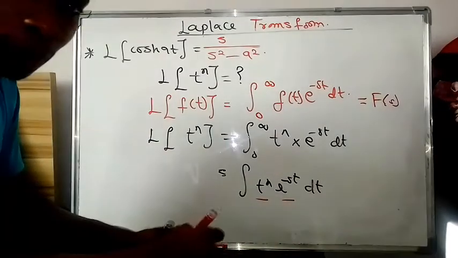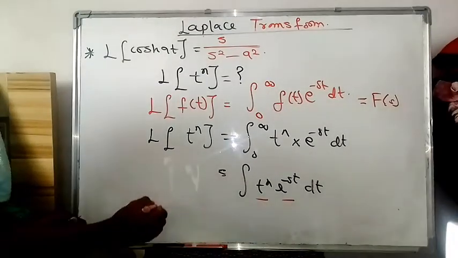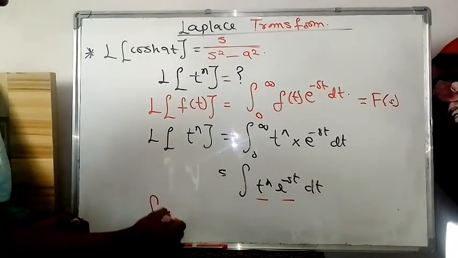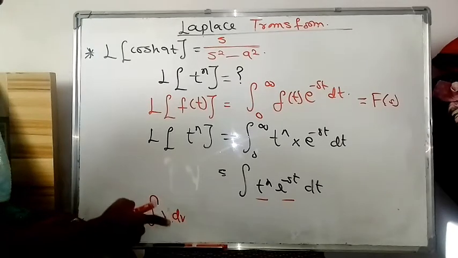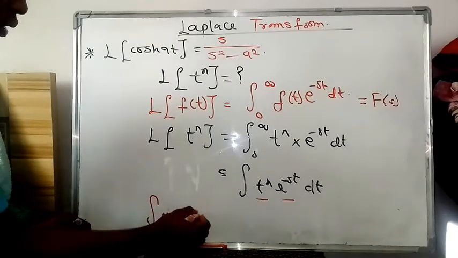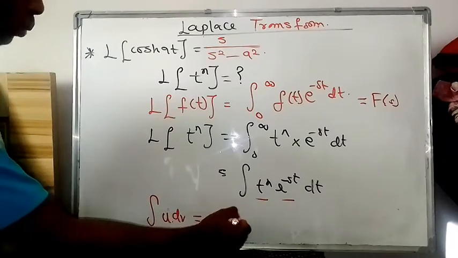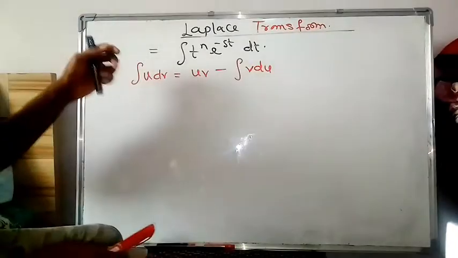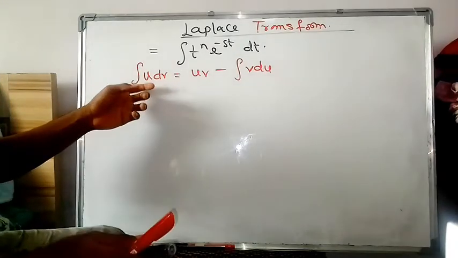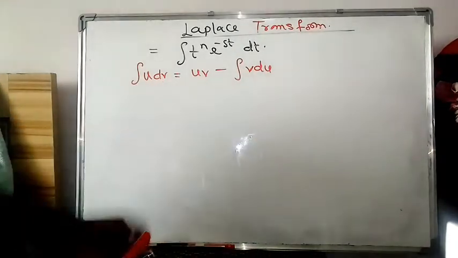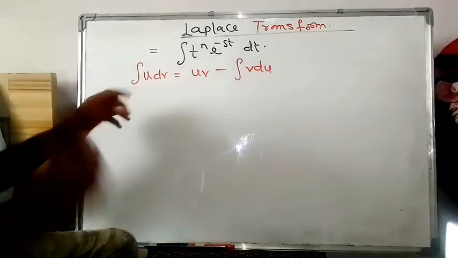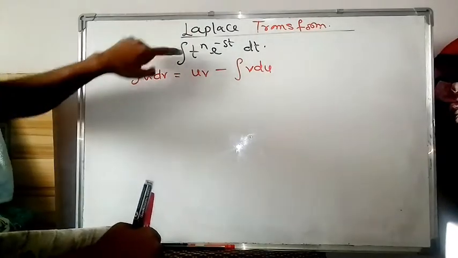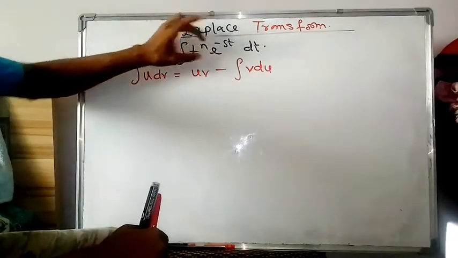So what does the integration by parts method say? The integral of u dv is equal to uv minus the integral of v du. This is the integral we are trying to get.